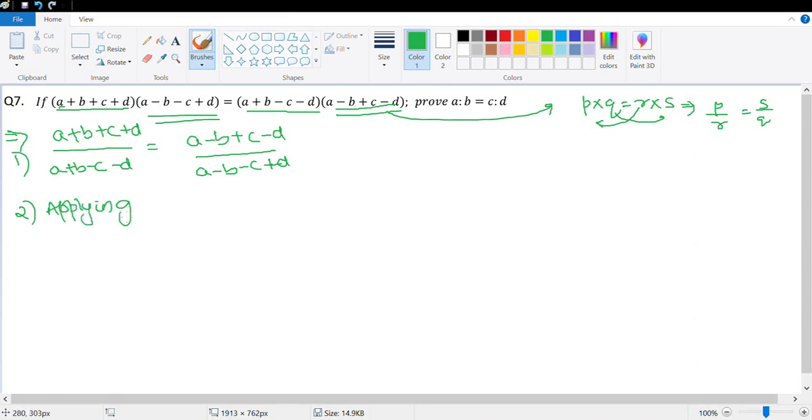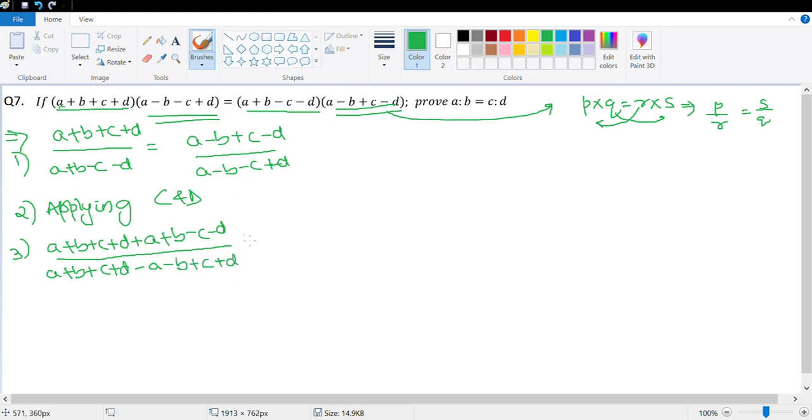So applying componendo and dividendo, what we get is a + b + c + d, this is the numerator, plus the denominator a + b − c − d. And in the denominator will be numerator a + b + c + d, minus the denominator, which means the sign of all the elements will change. So negative a, negative b, positive c, positive d.